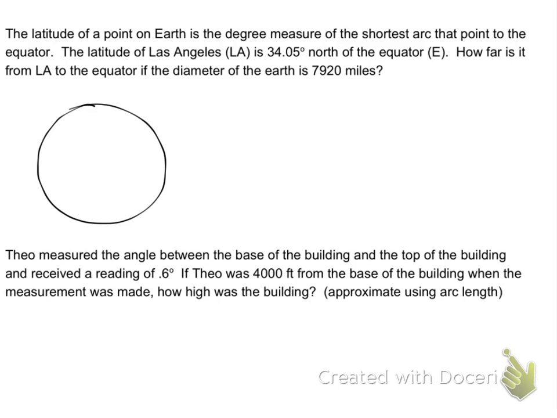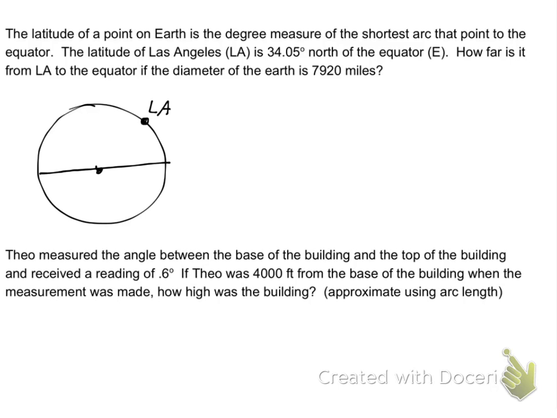So you draw your Earth. Your Earth has an equator right down the middle, yes? That's where the equator is. I don't care where you put Los Angeles on either side. Here's LA. Someplace in North America, yes?